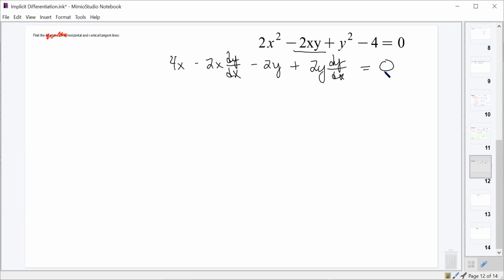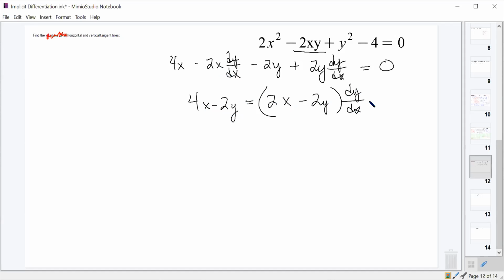So now that we've determined that the derivative of 0 is 0, let's solve for dy/dx. On the left side, we got 4x minus 2y. And on the right, we can move these other ones over: 2x minus 2y, and they both had a dy/dx attached to them. Everybody agree with that?